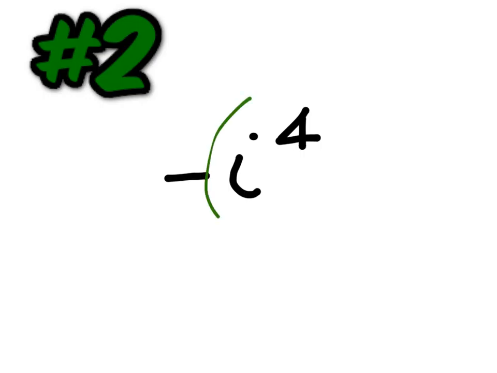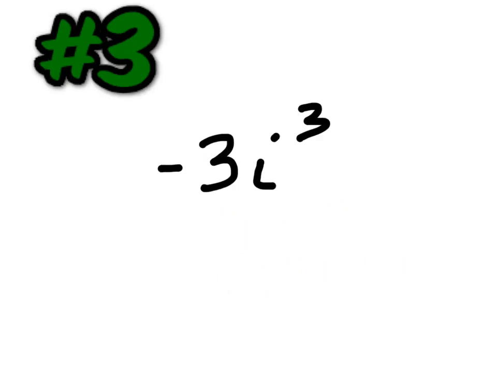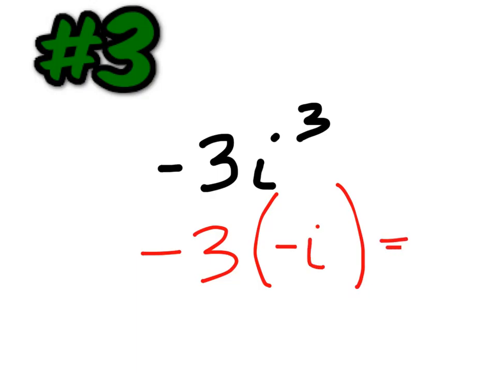Remember that i to the 4th is 1, but you have a negative sign out in front of it, so it's a negative 1. You have a negative 3 multiplied against i to the 3rd, which is negative i. So a double negative is positive 3i.